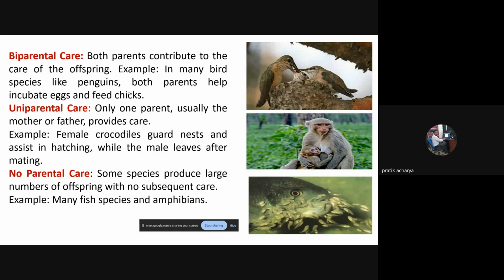They do not take care of the offspring, but after hatching, the amphibians and fishes turn into adults with self-care. That means in certain cases, we can see that fishes are not good mothers because of this property. So in that pattern, no parental care is found. So this is another peculiar behavior of parental care.